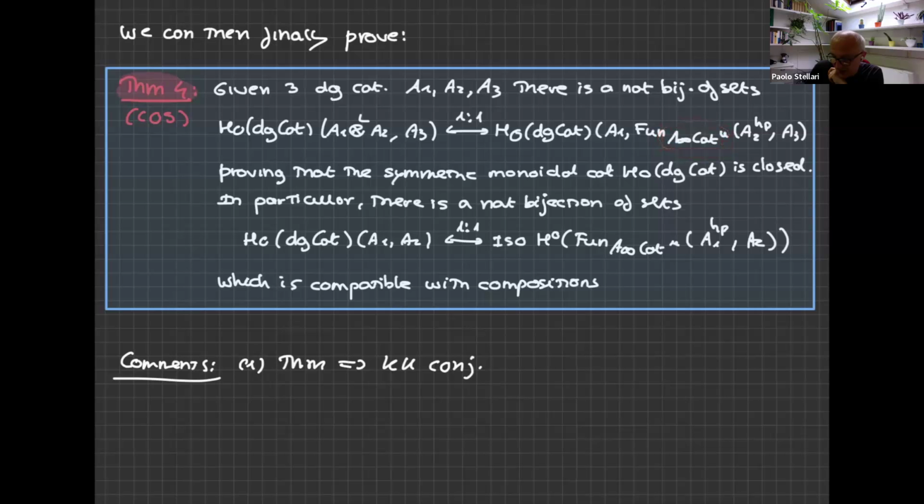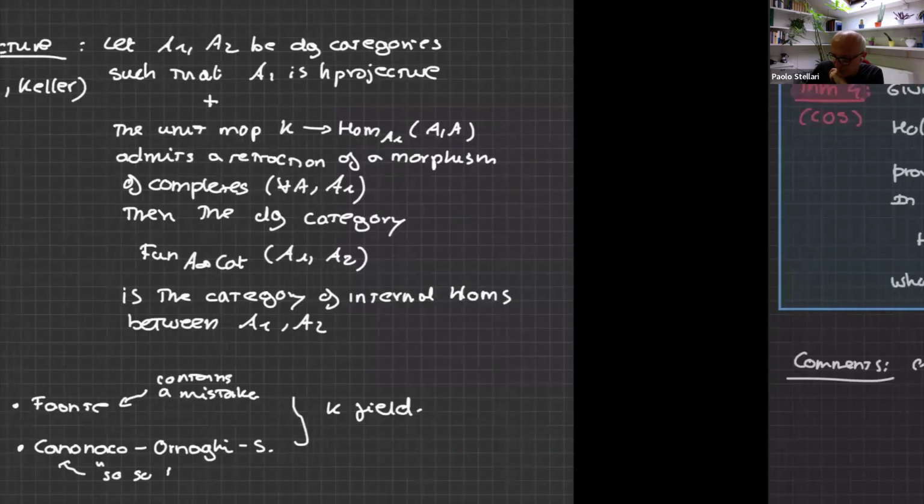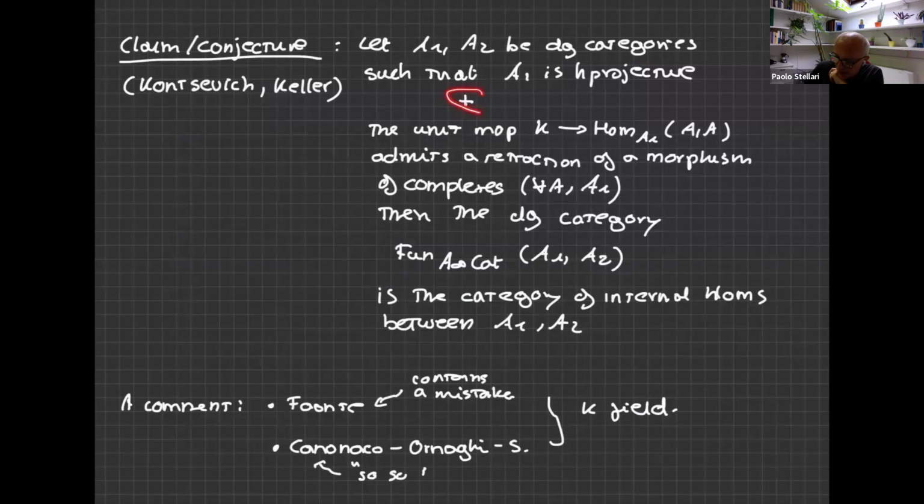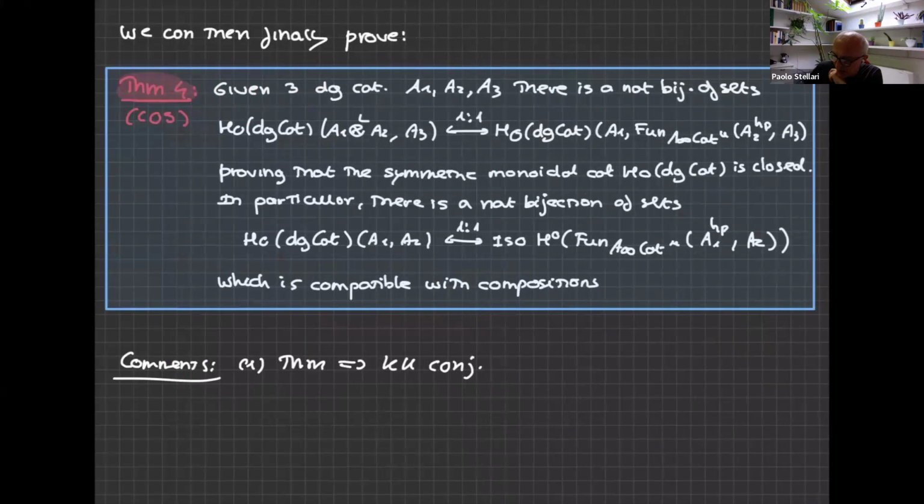But it's not hard to observe that if this additional condition is satisfied and A1 is H projective, then automatically this category is isomorphic in the localization to this one. So they really are the same.